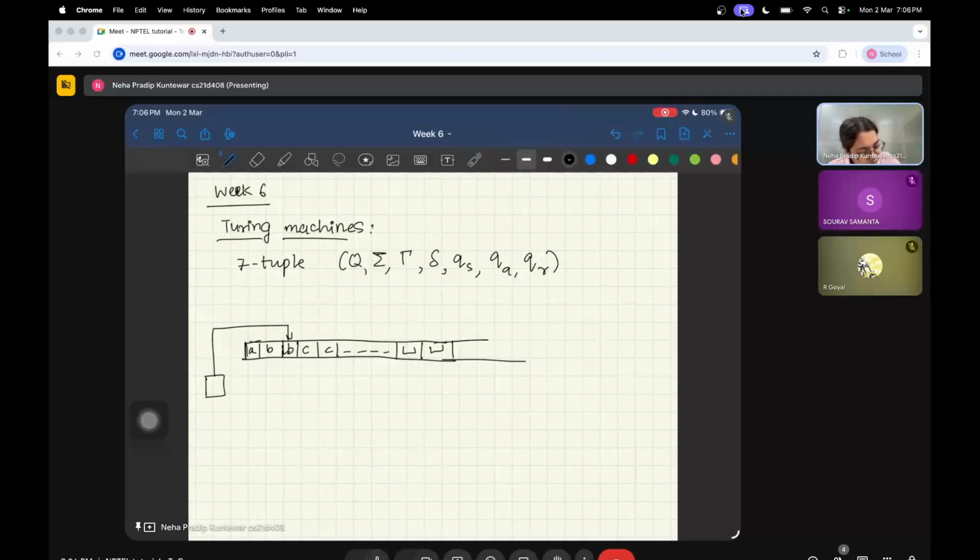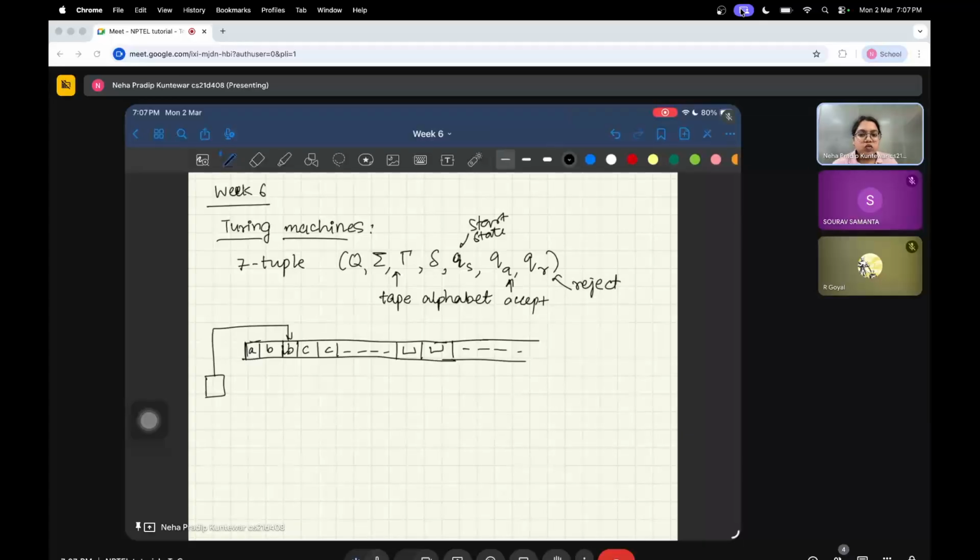So this is your tape alphabet. This is the start state. This is the accept state, and this is the reject state.